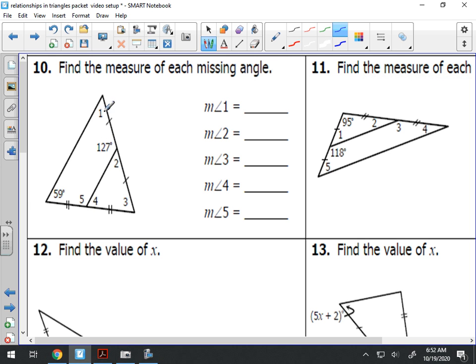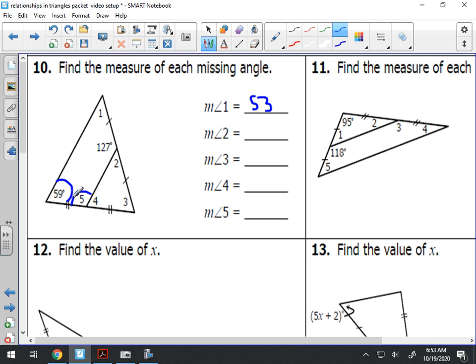Also, these two, you have to see same side interior angles. Those add up to 180. So angle 1 will be 53 because they add up to 180. You need to see that these two are also same side interior angles.